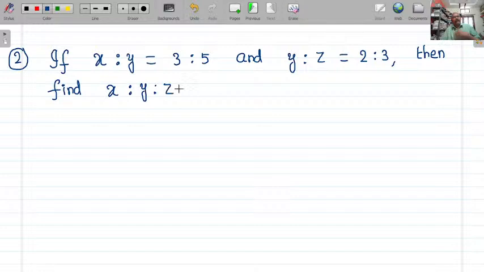What is the value of x is to y is to z? Can you find it out? Without wasting time, what is your answer?